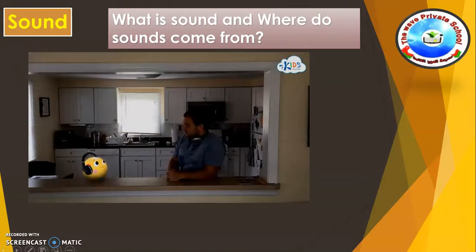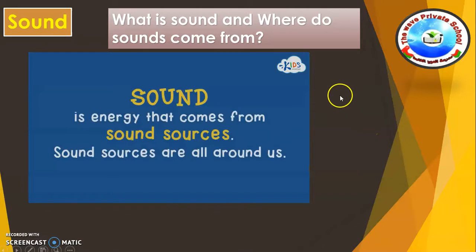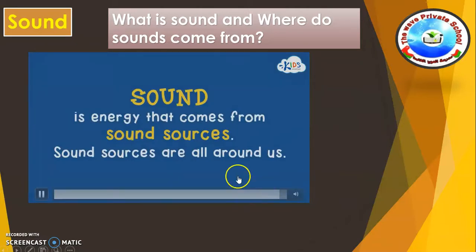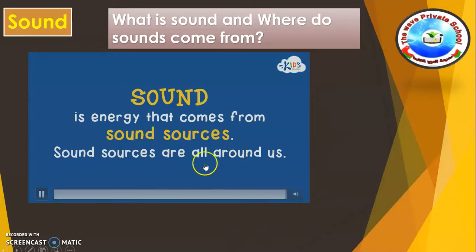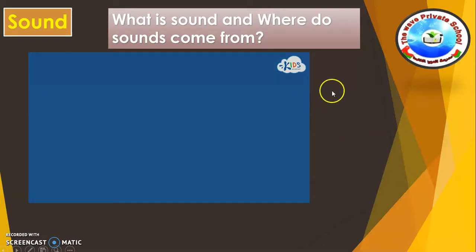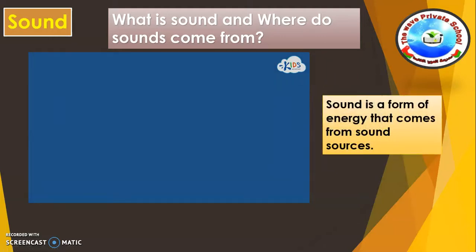What are some of the things that we've learned today? I learned that sound is energy, and it comes from sound sources. Sound sources are all around us all the time. Okay, so remember that sound is a form of energy that comes from sound sources.